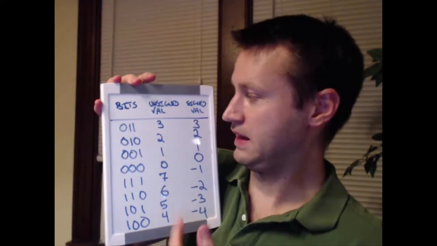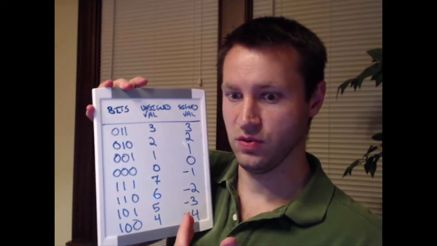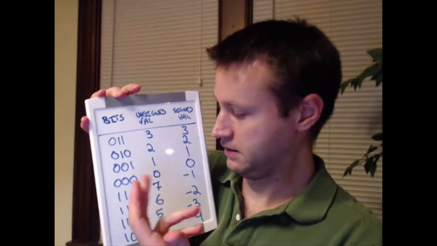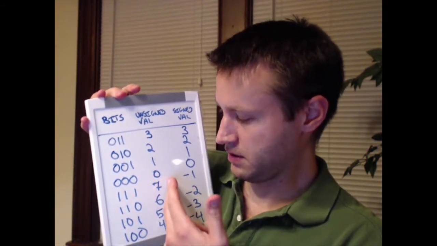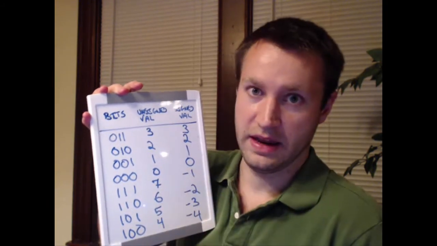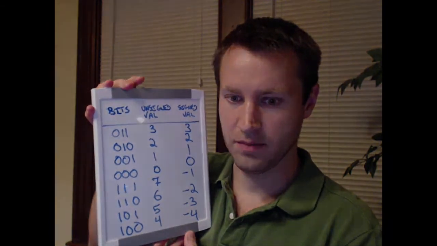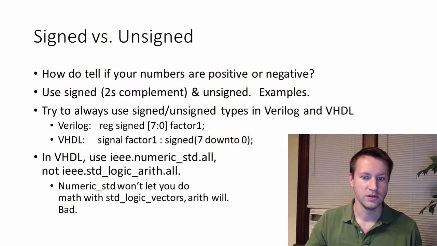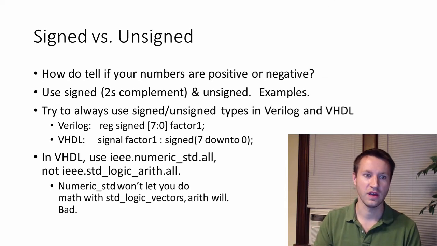So inherently, if you declare something as a 4-bit signed number, you're not going to have as much on the positive side as you do with an unsigned number, because your most positive number now has to be a negative number. You lose half of your range with a signed number. Back to the slides. Try to always use signed and unsigned types in Verilog and VHDL when you're doing math, I should say.